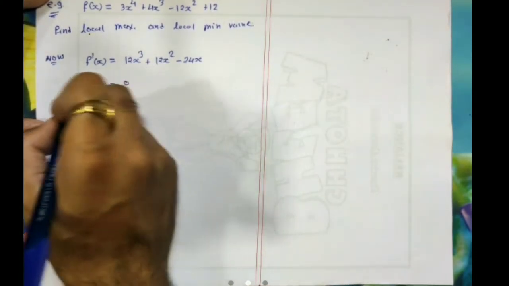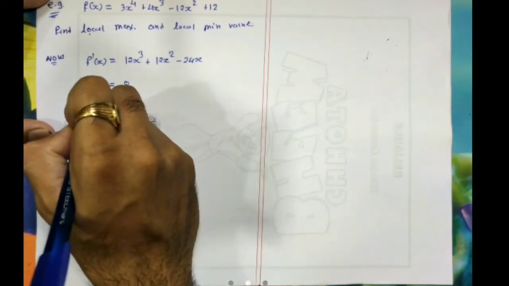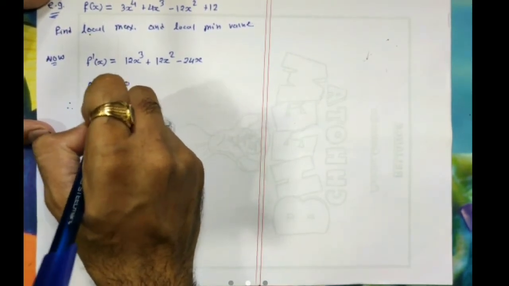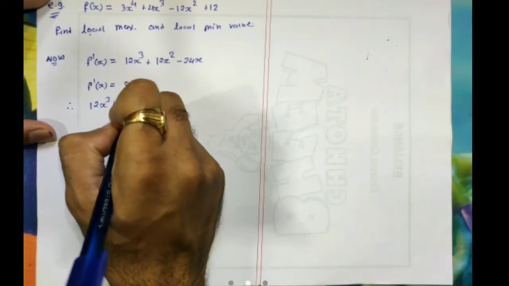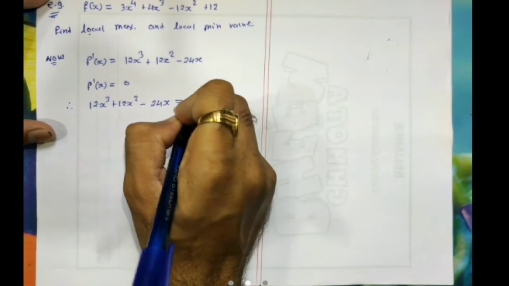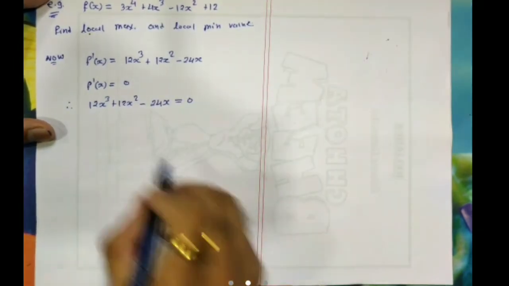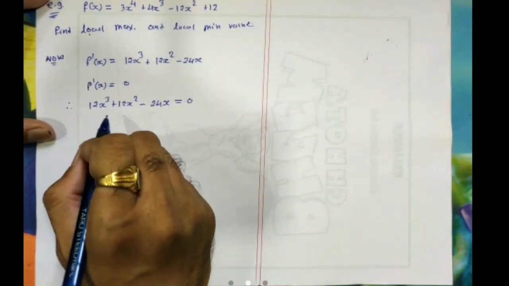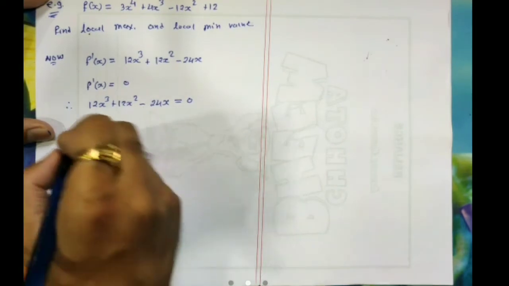If f dash x equal to 0, our critical points come from 12x cube plus 12x square minus 24x equal to 0. Simplify this equation, you will get the values of x, which are nothing but the critical points.